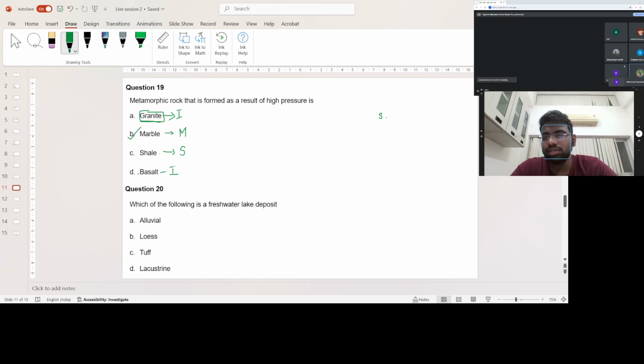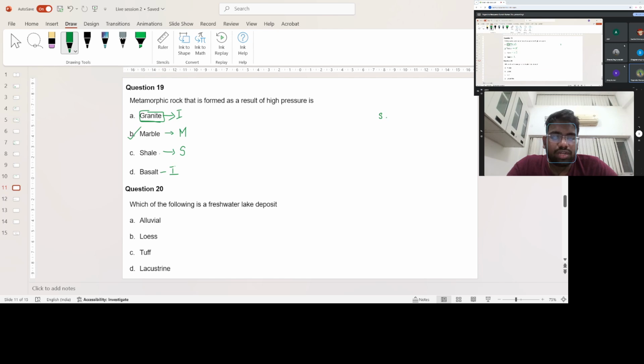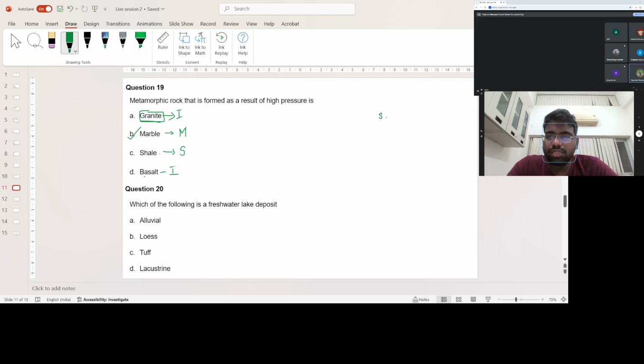So the major difference between granite and basalt is that, as one of the learners rightly mentioned, it is the rate of cooling, which results in the difference in the nature of grains. Granite is more crystalline, and basalt is less crystalline and tends to be amorphous.